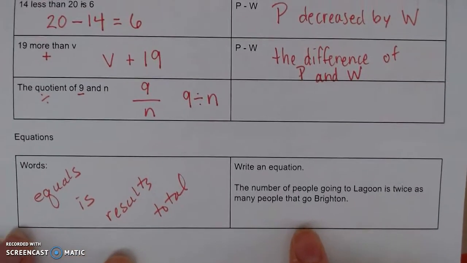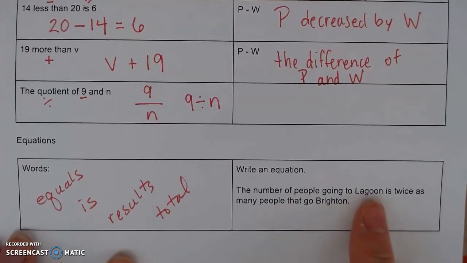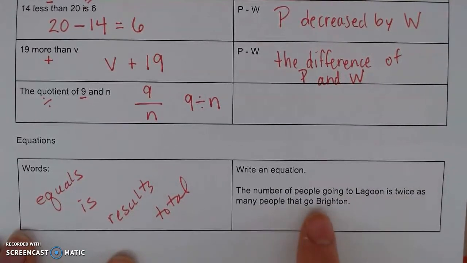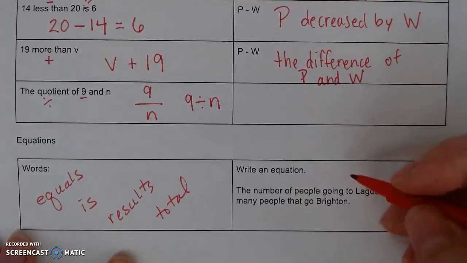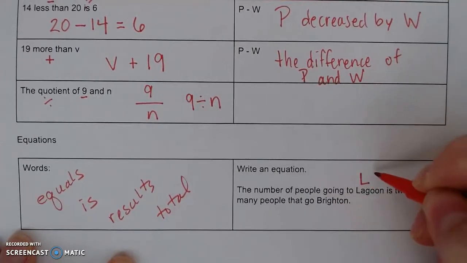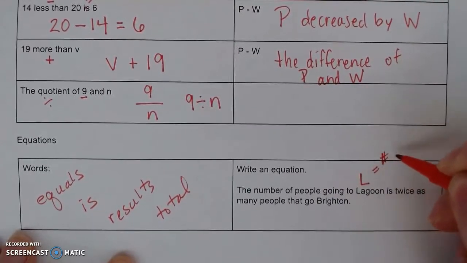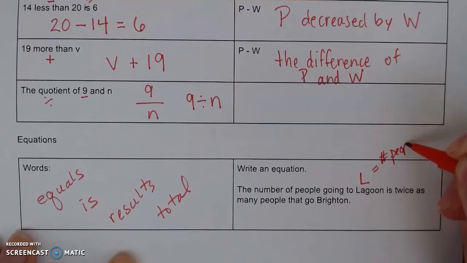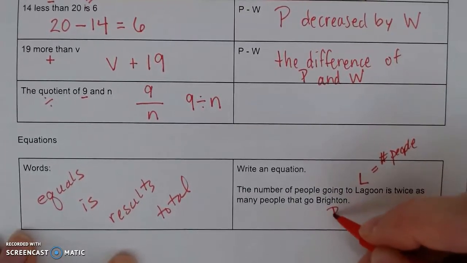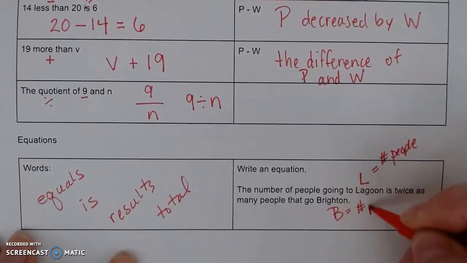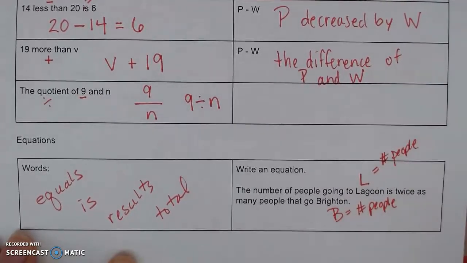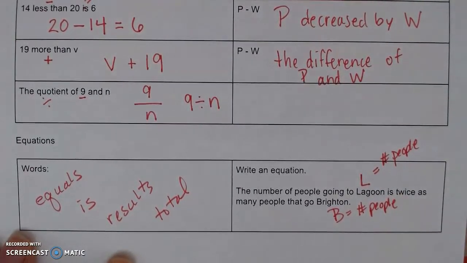So on mine, we've got the number of people going to Lagoon is twice as many people that go to Brighton. So I'm going to say let L be the number of people that go to Lagoon, and we're going to let B be the number of people that go to Brighton. I just like to use the same letter. And we want to set up an equation.